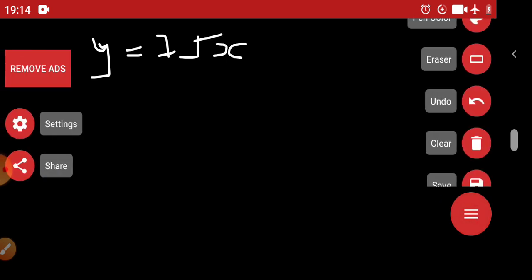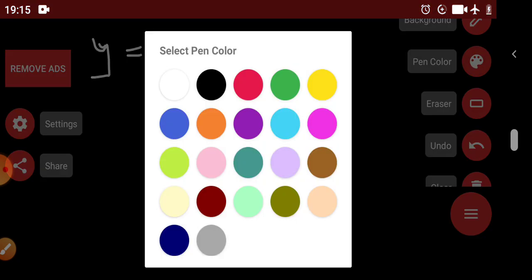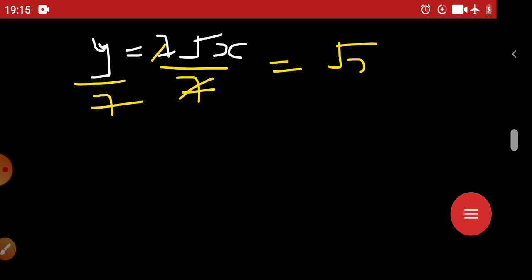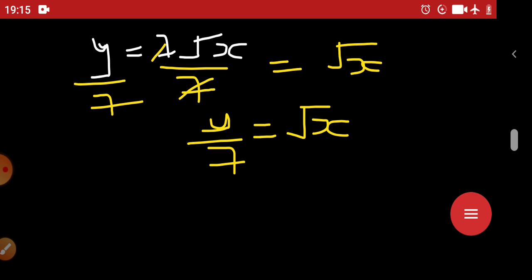A simple way will be to divide by 7 both sides. We'll remove it from here, so that on the right hand side we will be left with the square root of x.